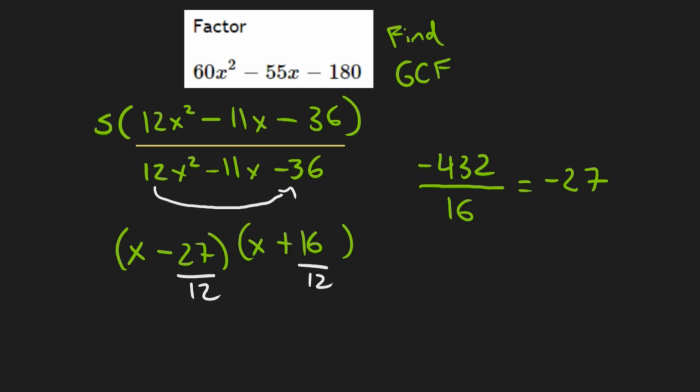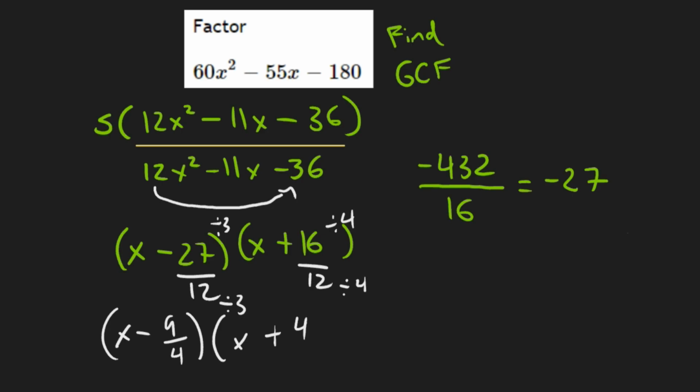And if you put it into simple form, you divide both sides by 3 here, and you'll have x minus 9 over 4 multiplied by x plus, divide both sides by 4, over 3. Then you simply just have to put the denominator in front of the x's.